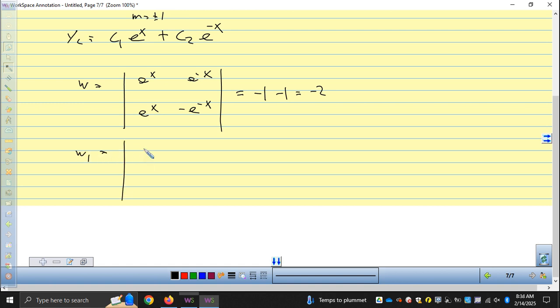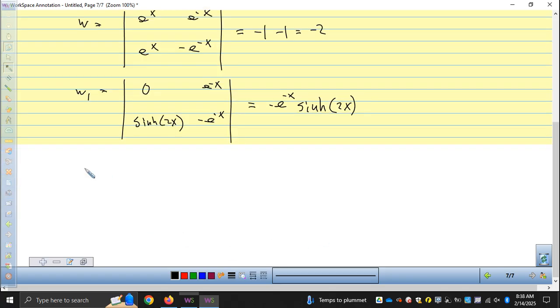W1, 0, sinh 2x, e to the minus x, minus e to the minus x. That Wronskian is -e to the minus x, sinh 2x. W2.